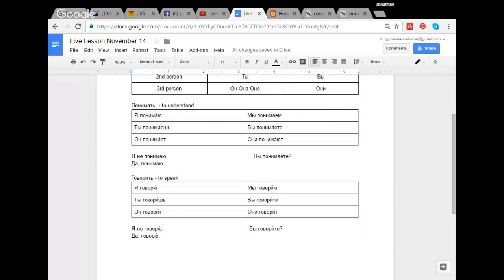Okay. Is including the я more of an emphasis? I think it depends on context. If you speak about you and you discuss what is clear for you, what's not clear, it's clear that your answer is about you. You just can say понимаю.